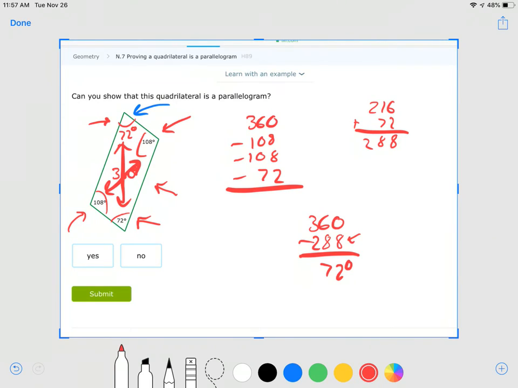And the answer is yes, you can do that. And if you remember, that's called the converse. So, like when we did converse of alternate interior angles and things like that. Yeah, in this case, the converse is true.